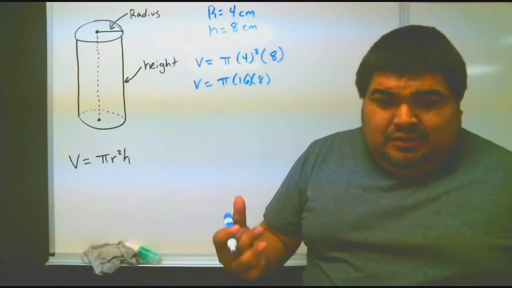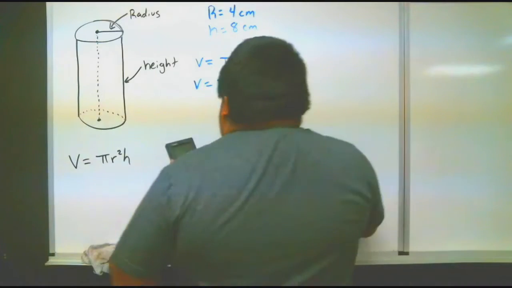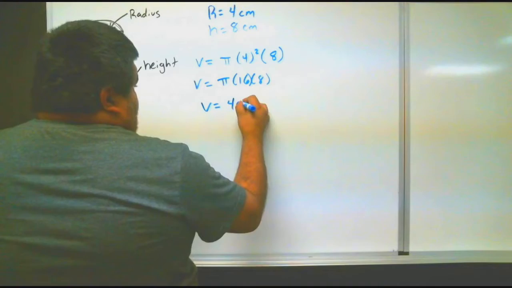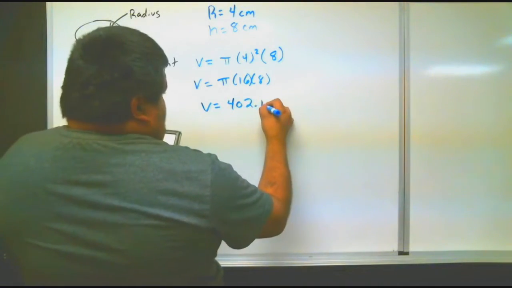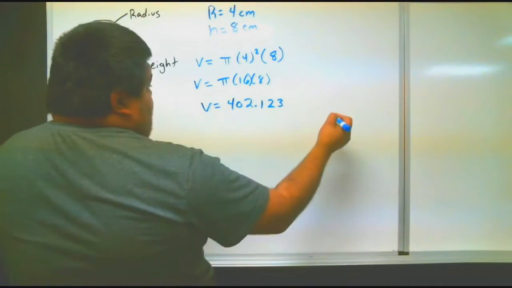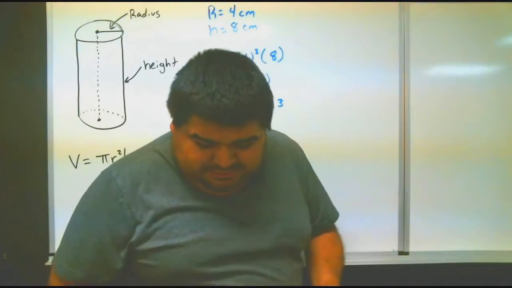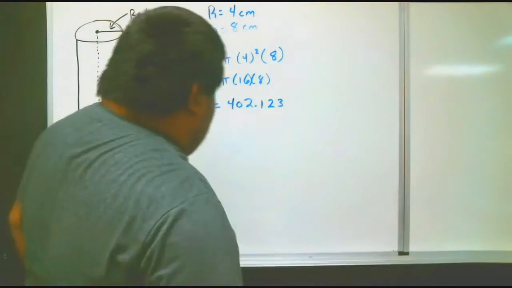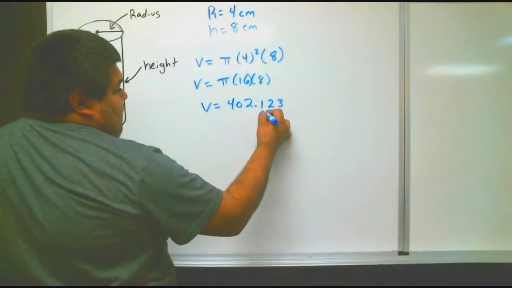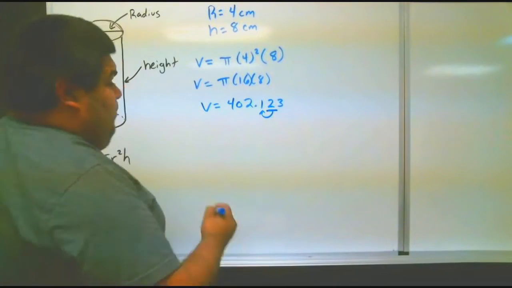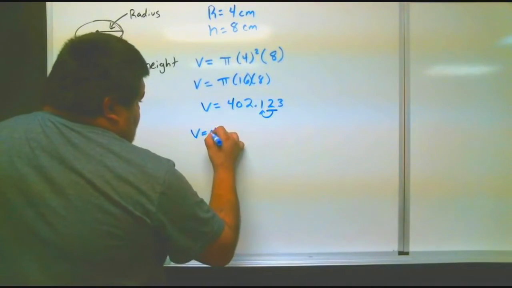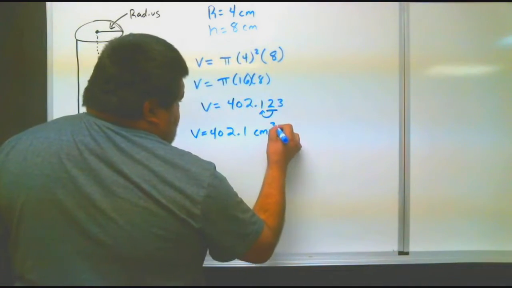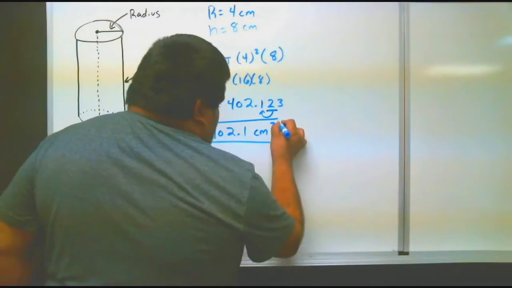So the volume equals, once I plug it all in, 402.123, and so on. All we really need is one number after the decimal point, so the 2 makes the 1 stay at 1. Therefore the volume equals 402.1 centimeters cubed, because we're looking for volume.